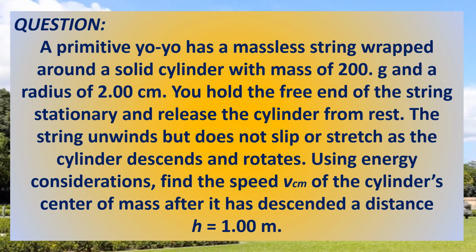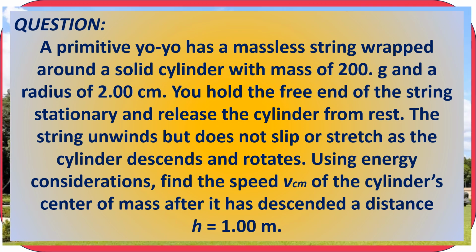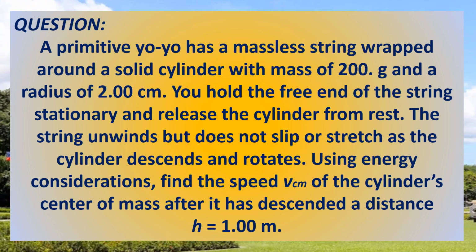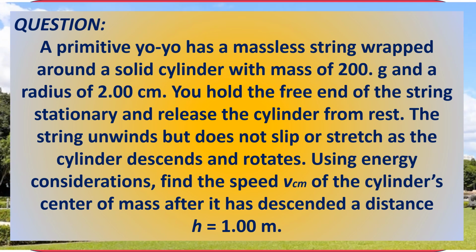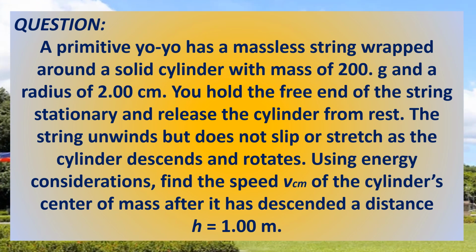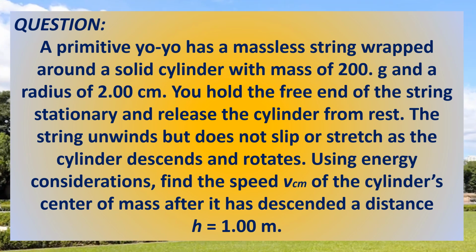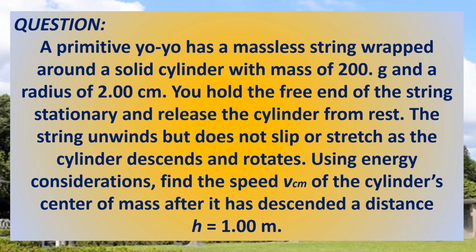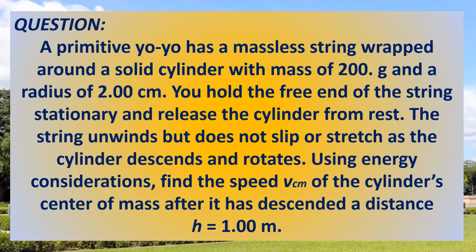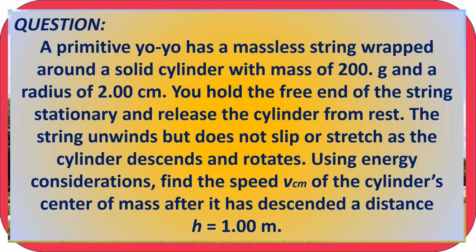Here is the question. A primitive yo-yo has a massless string wrapped around a solid cylinder with mass of 200.0 grams and radius of 2.00 centimeters. You hold the free end of the string stationary and release the cylinder from rest.